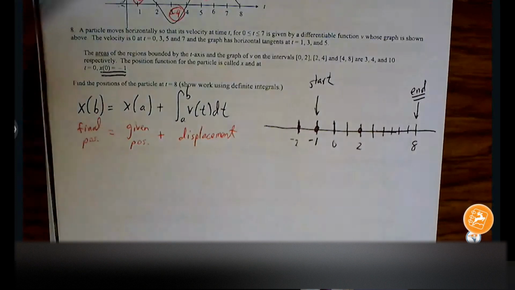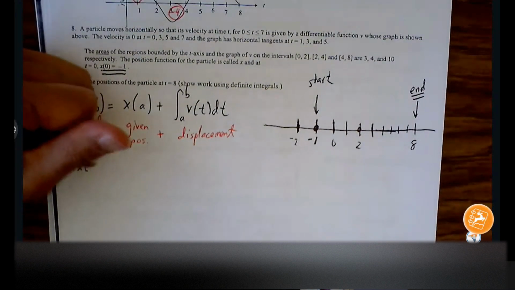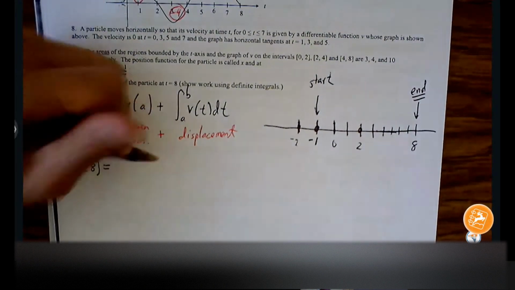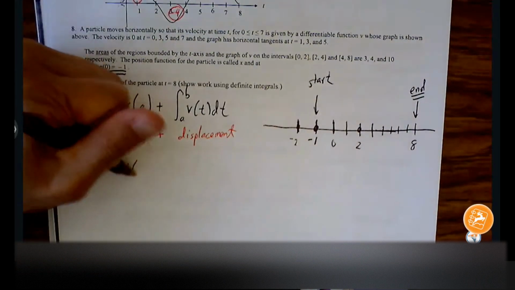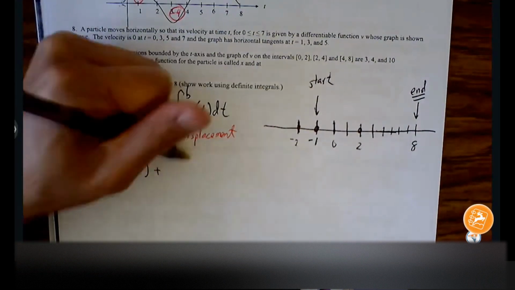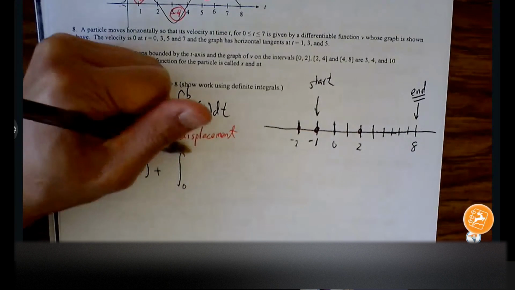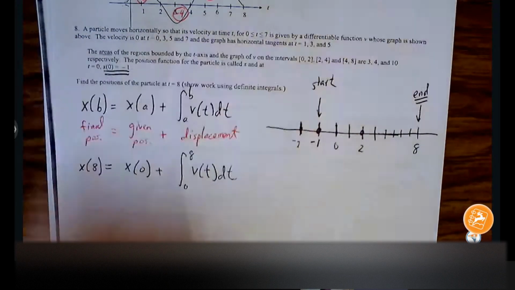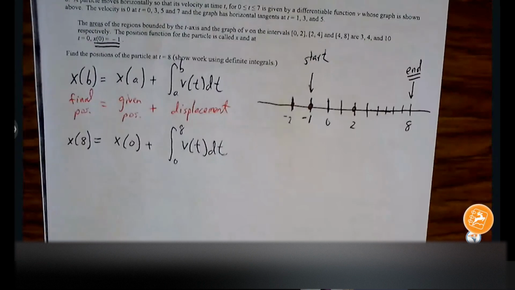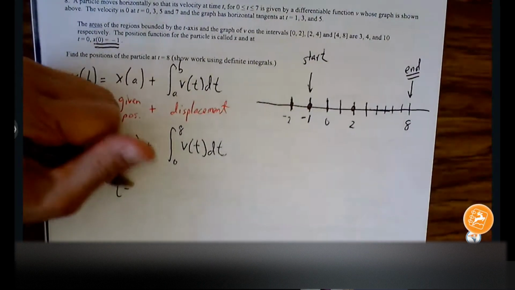So I'm looking for x of 8, so I'm going to say x of 8 is equal to x of 0, because that's what's given to me, plus the integral from 0 to 8. So I'm starting at -1.